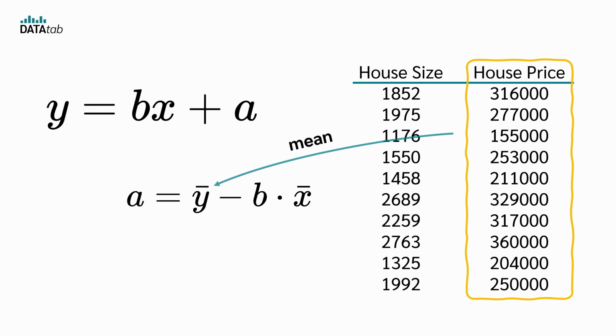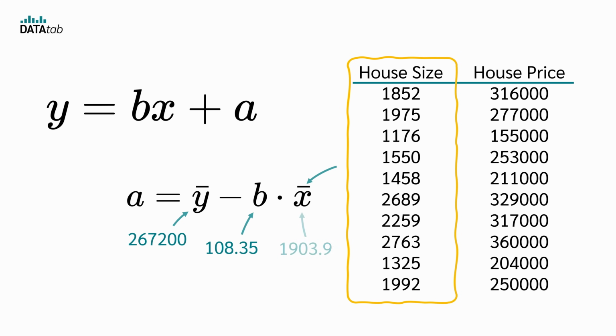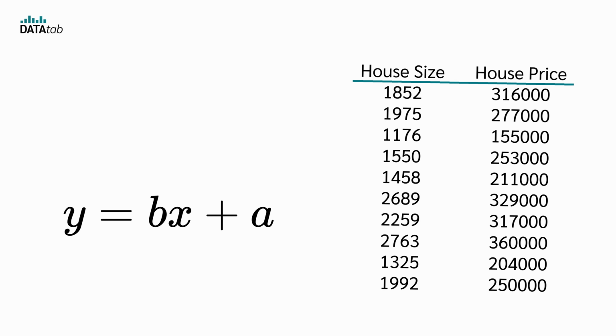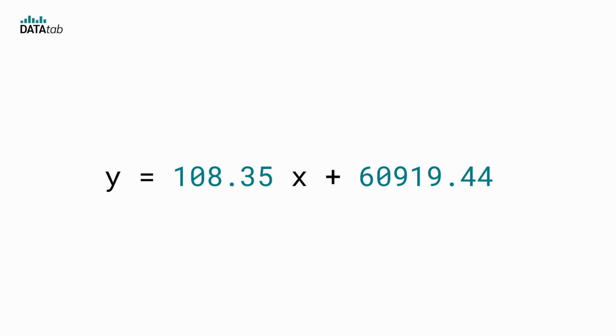Alright, once we've calculated b, we can find the intercept a using this formula. Here, y bar represents the mean of the house prices, b is the slope we just calculated, and x bar is the mean of the house sizes. Substituting these values, the intercept a comes out to be 60,919.44. So based on this data, we have now calculated the coefficients b and a. If we insert the numbers for b and a, we get this equation.